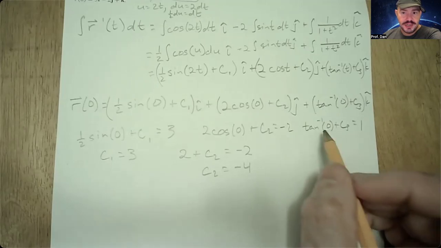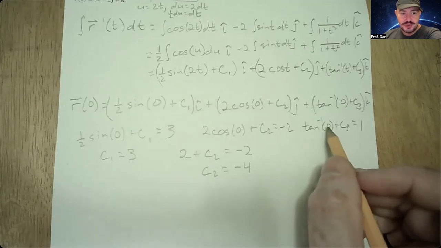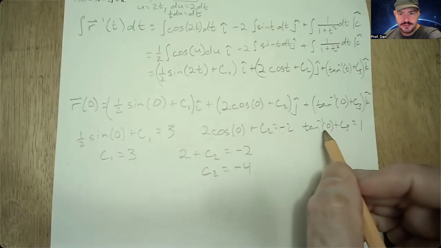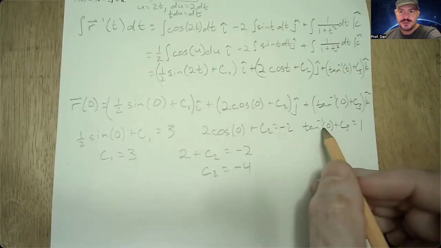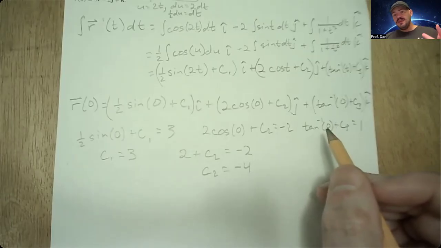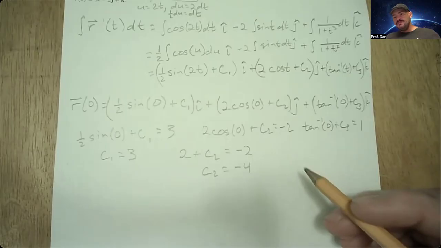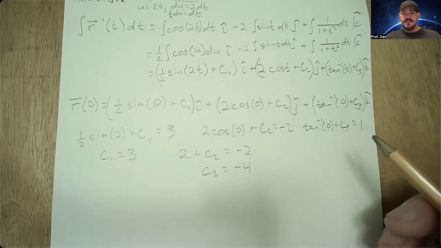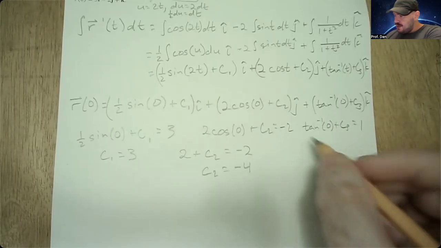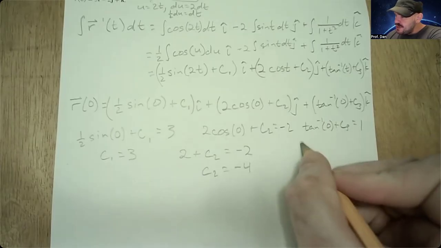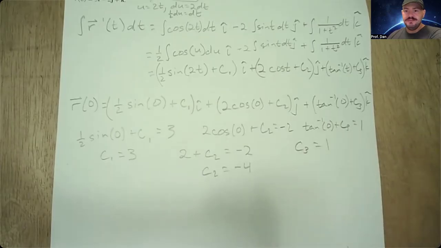You have to figure out what angle gives me a tangent of 0. And the answer to that would be 0 radians, because remember, tangent is sine over cosine. So if tangent is equal to 0, then sine is also equal to 0, which will happen at 0. So this ends up just being c3 equals 1.